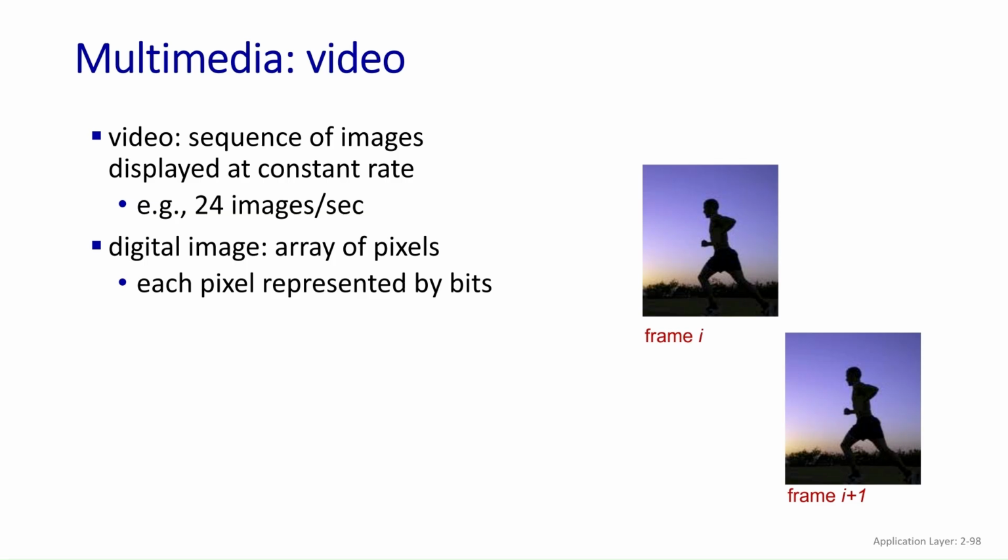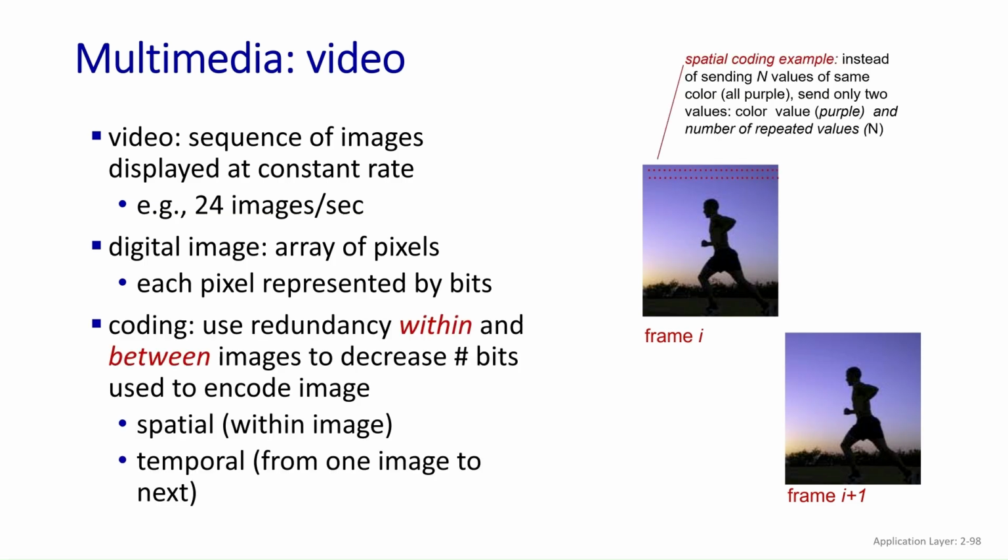Okay, so now what I want to say is that this image is represented as an array of pixels. So these are the different pixels, right? And each pixel is encoded using, or is being represented by, some fixed bits or maybe by variable bits depending upon the encoding scheme, right?